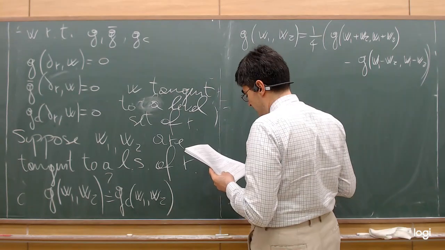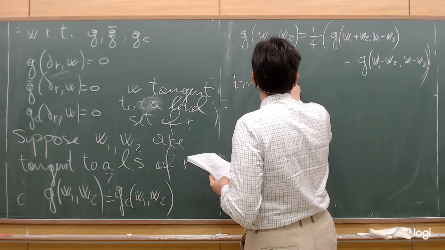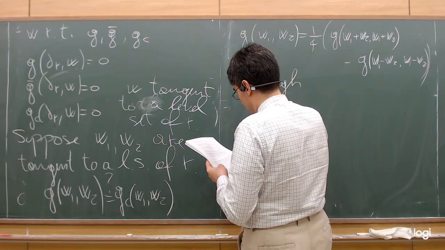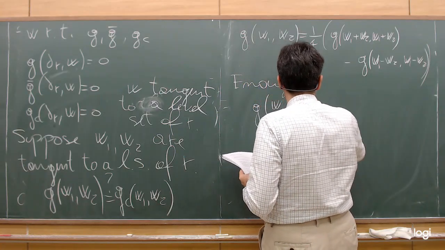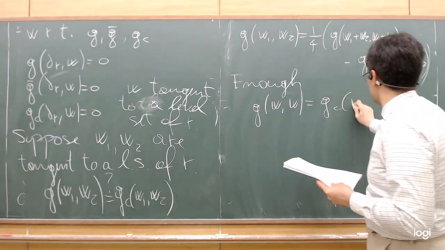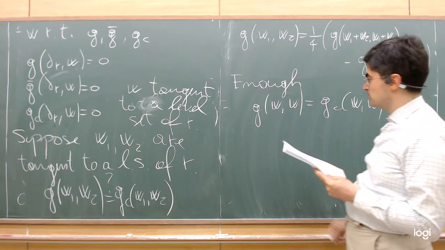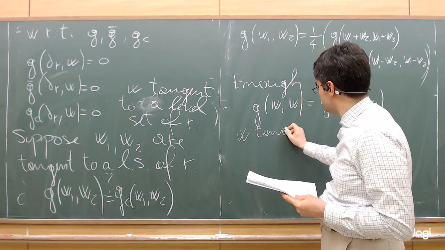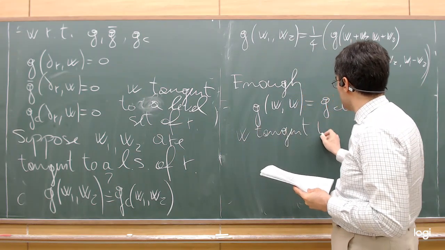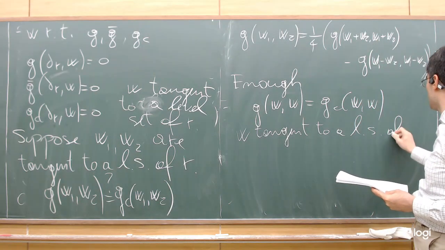And then it's enough to prove that G(W, W) equals G_C(W, W) with W tangent to a level set of r.